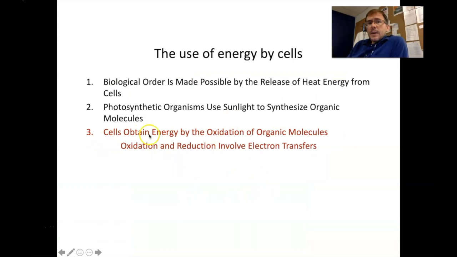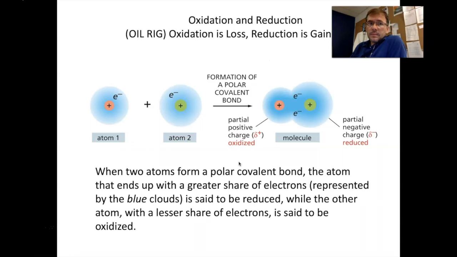Okay, so cells obtain energy by the breakdown of organic molecules, the oxidation of organic molecules, which leads us to a discussion briefly about oxidation and reduction. And this is involving the movement of electrons. So let's say we have atom 1 and atom 2 here, and they're different atoms, and they form a covalent bond.